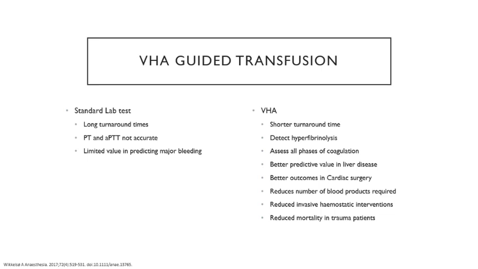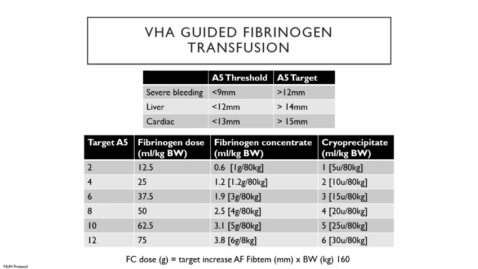Here, we have the viscoelastic hemostatic assays guided fibrinogen transfusion protocol with the thresholds and targets for various conditions, as well as the fibrinogen concentrate and cryoprecipitate dose required, as per the National University Hospital protocol.